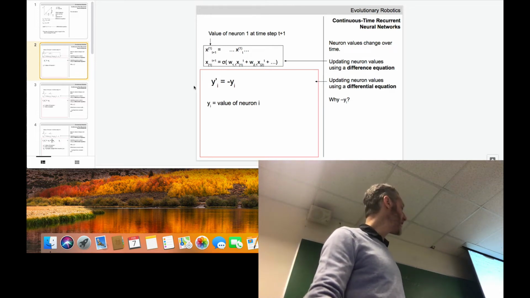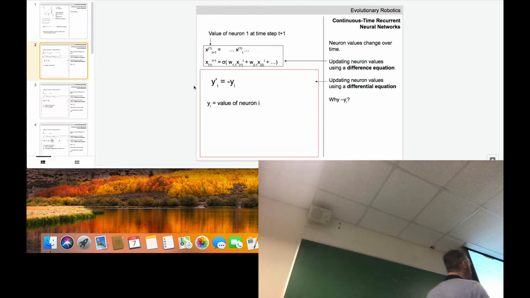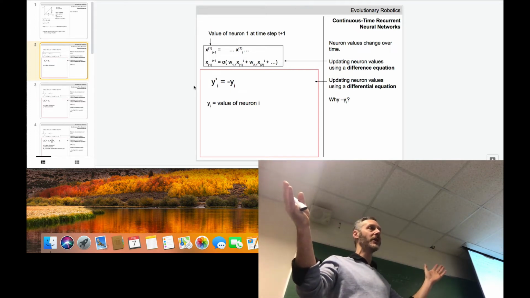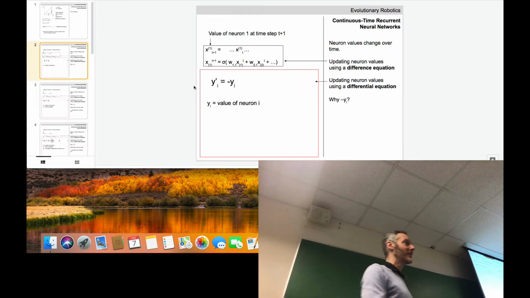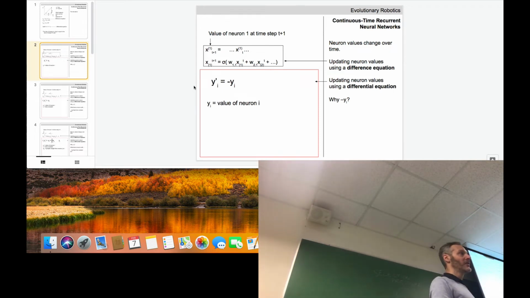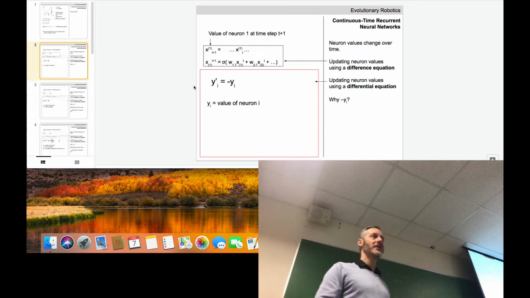We're going to switch over now and start to build up the description of the behavior of a new neuron here, y sub i, so the ith neuron inside of a neural network. But the value of that neuron is going to change continuously rather than discretely from one time step to the next. So we're now going to be dealing with a continuous time neural network. The recurrent in there is a reminder that these CTRNNs are also going to have some recurrent connections.